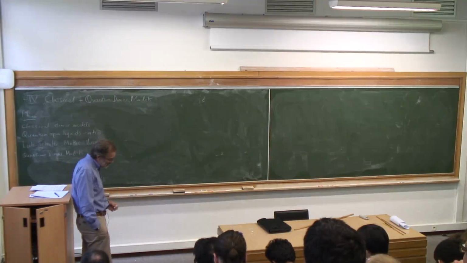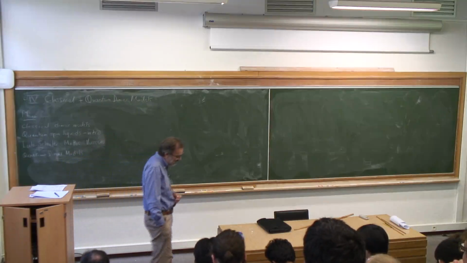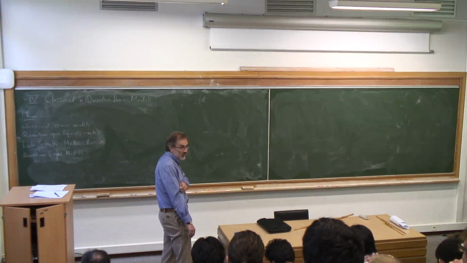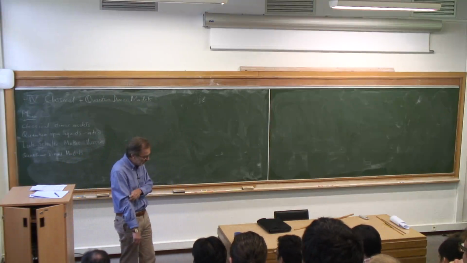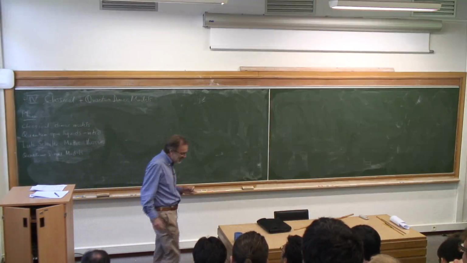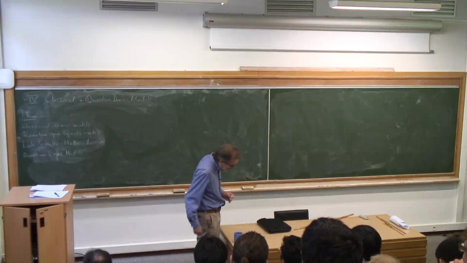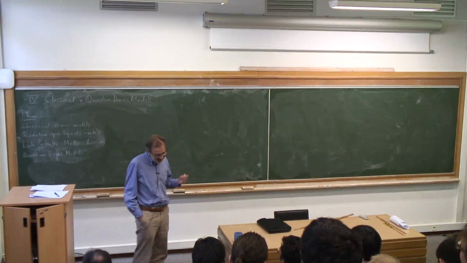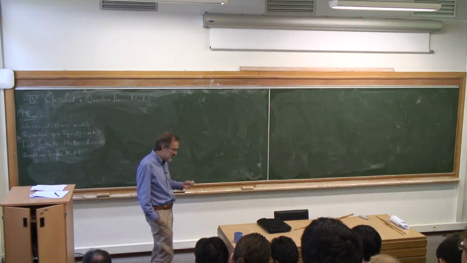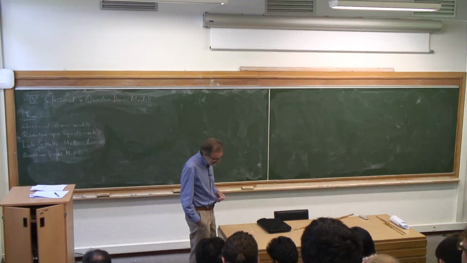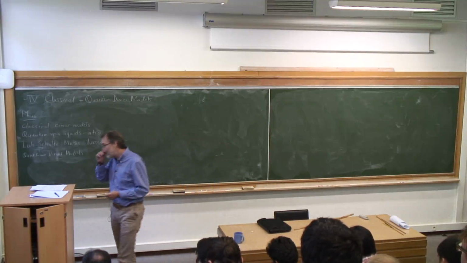And then right at the end of the lecture today, I'll get as far as defining quantum dimer models, but that will leave me with everything set up for my lecture on Thursday, when I'll talk in detail about what we know about quantum dimer models.